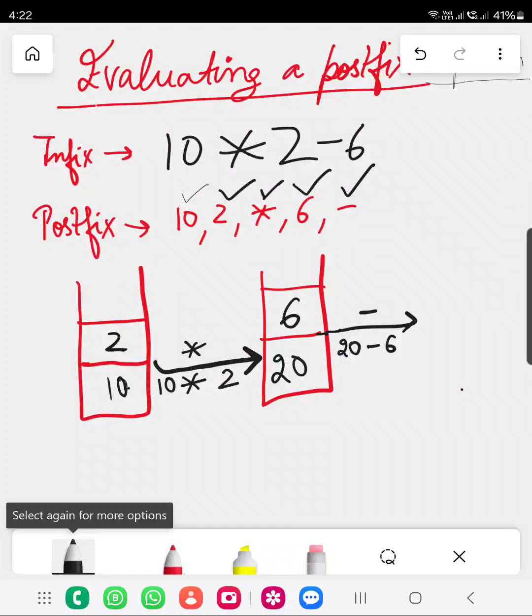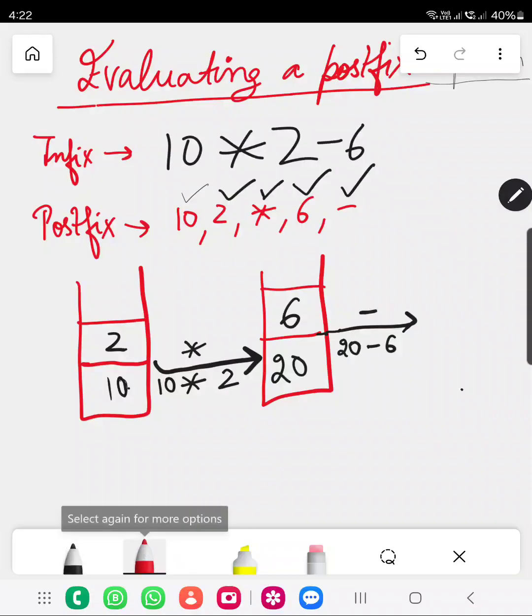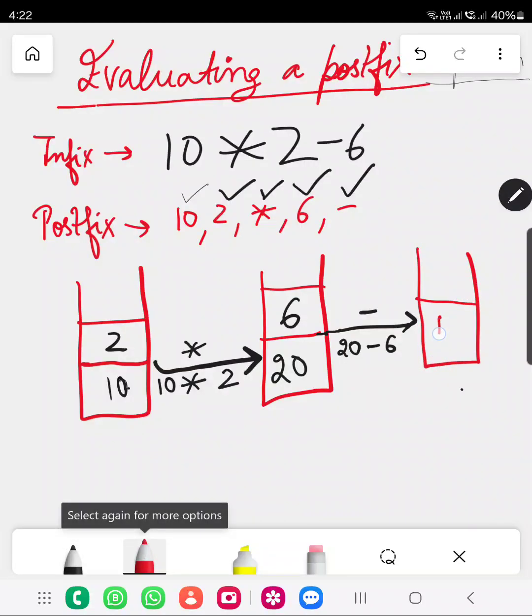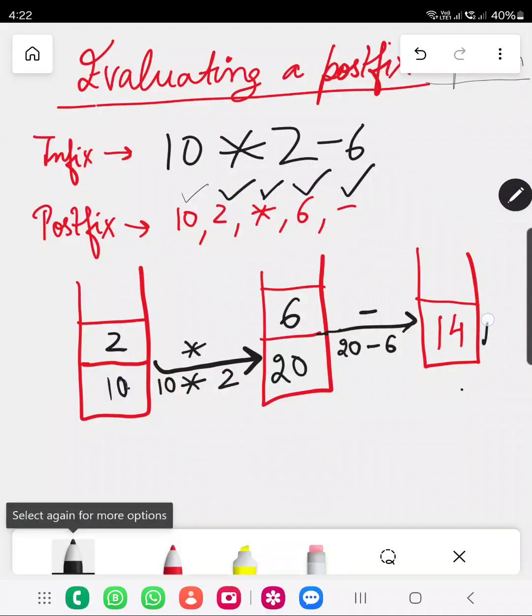So now you understand why we did not do A operation B, because 6 minus 20 will give a negative value, and it is the rule that we have to take first the second top, then the top, and perform the operation. So what is 20 minus 6? 20 minus 6 is 14. So my answer to this question is 14.